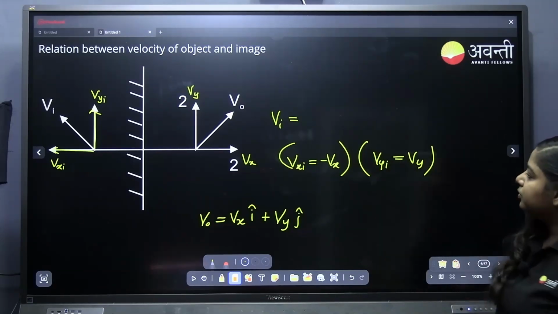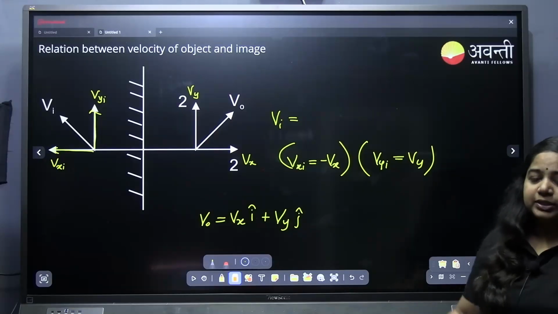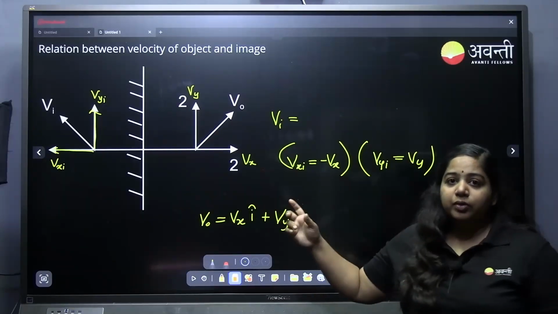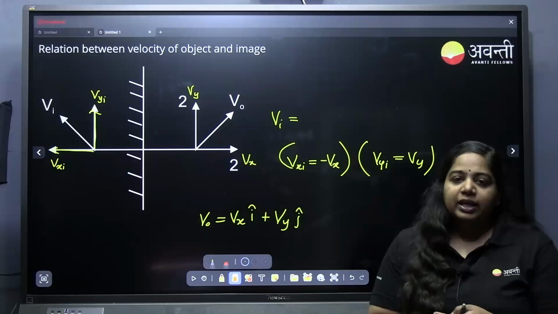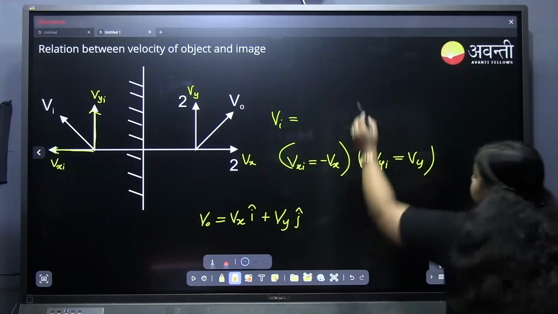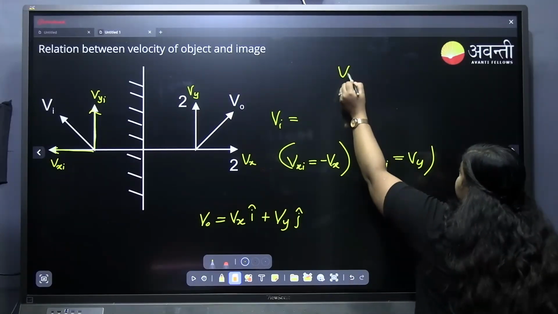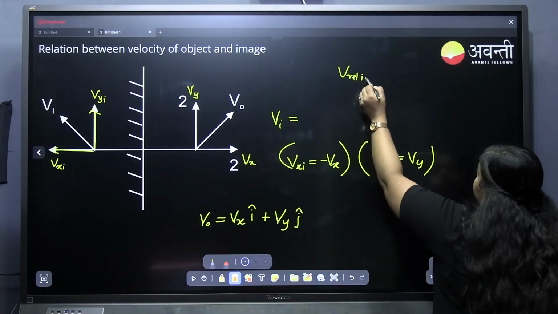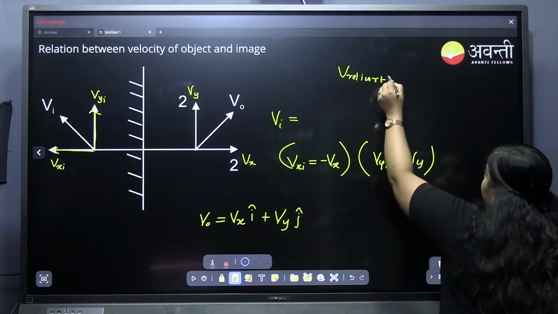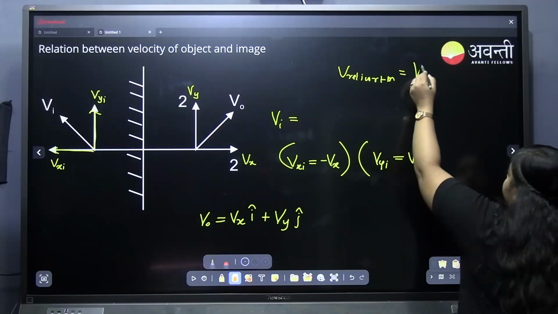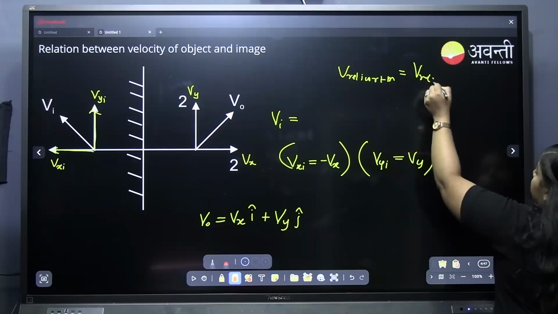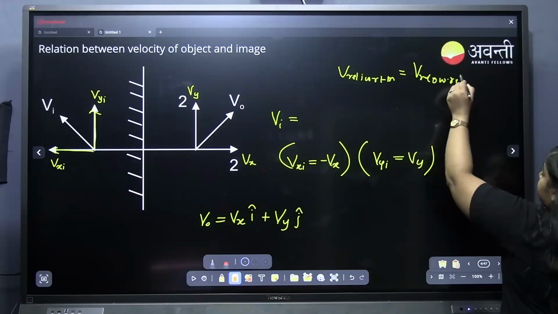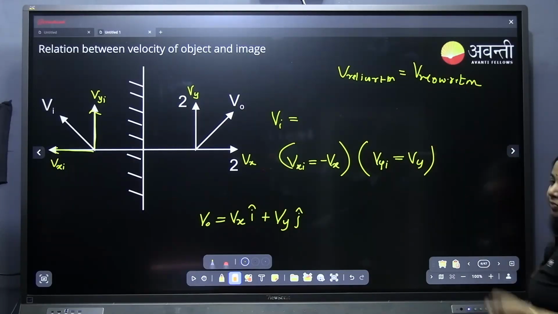Okay. So this is about velocity. Now sometimes the mirror is also moving, then we can simply say the relative velocity of image with respect to mirror is equal to the relative velocity of object with respect to mirror.